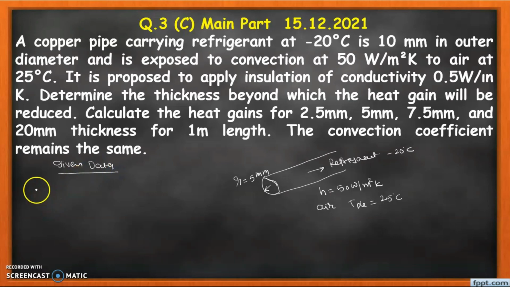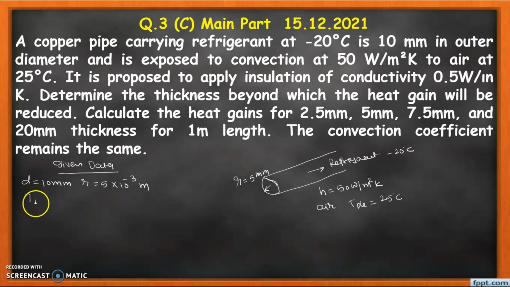Data given is the diameter of the pipe, 10 millimeter, so the radius becomes 5 into 10 to the power minus 3 meter for the conversion of millimeter into meter.